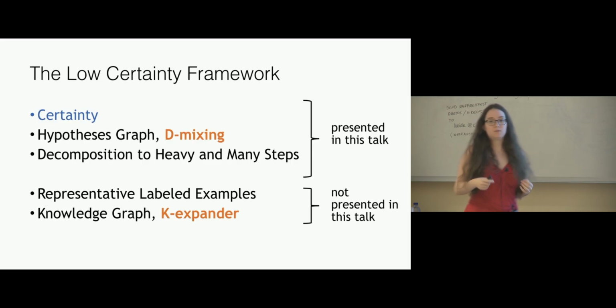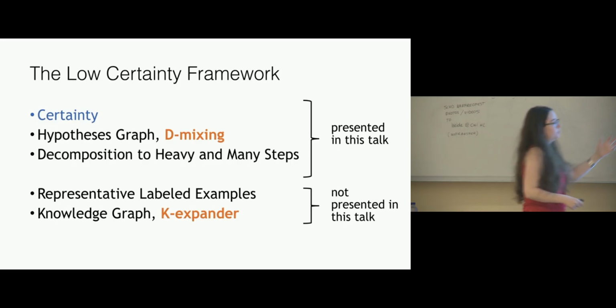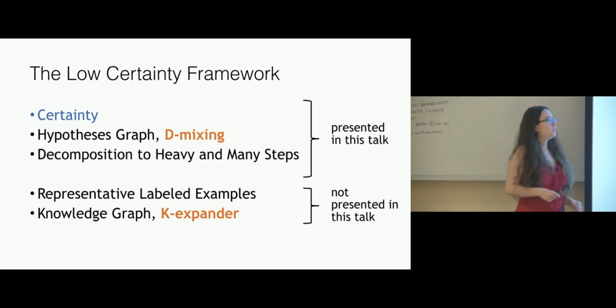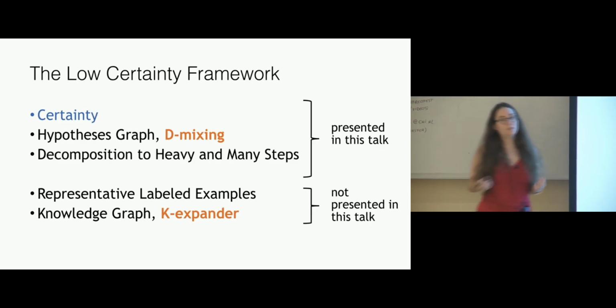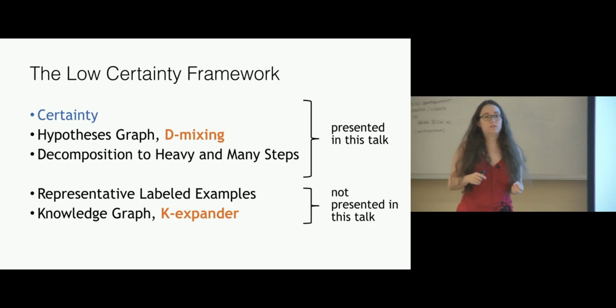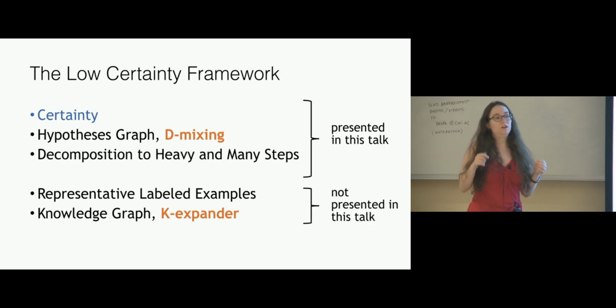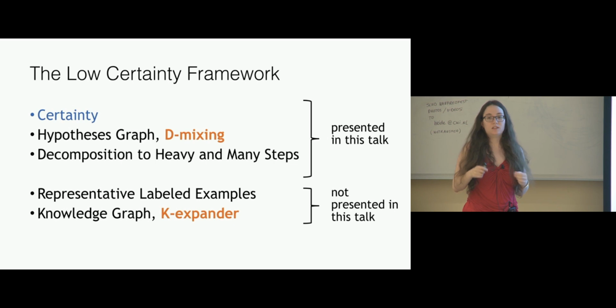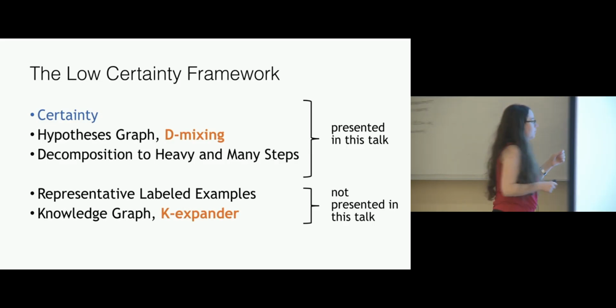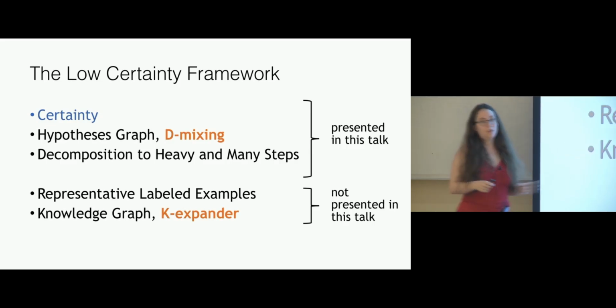I didn't have time to present another two very important concepts. The first, representative labeled example, which means that if we take a memory which is uncertain, then for most examples, the label cannot be guessed. Another very important concept is the knowledge graph.